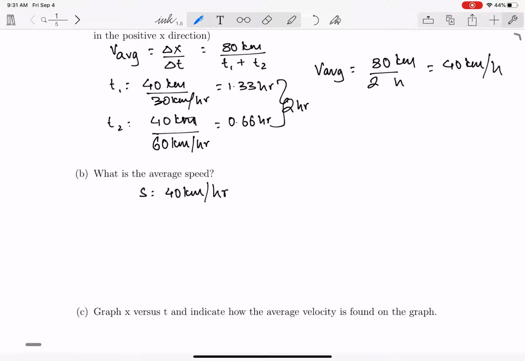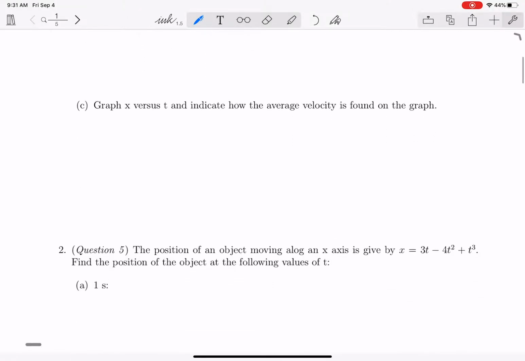Similarly, in part C, draw a graph. So to draw a graph, this is my X axis, this is time in hours: 0.5, 1, 1.5, 2.